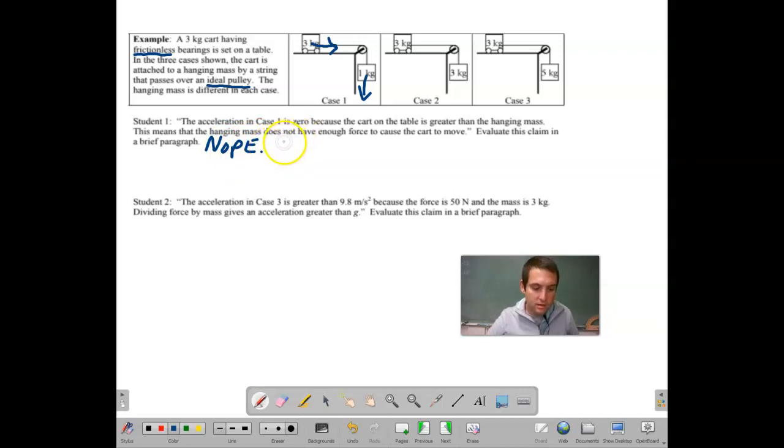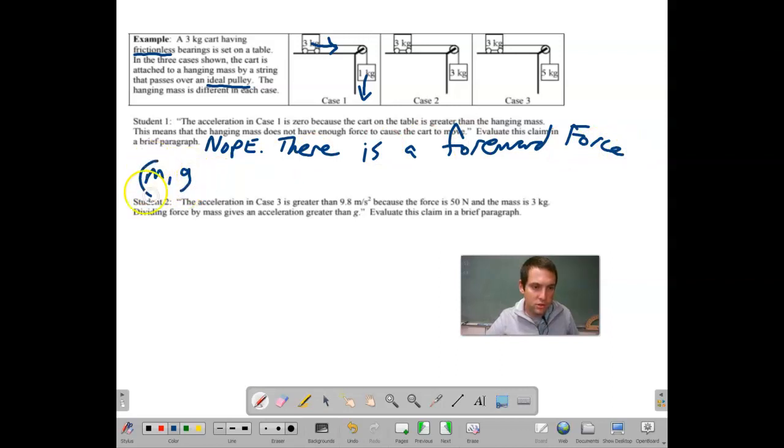Incorrect because there is a forward force, M1 times G, or you can call it FW, maybe more appropriate for this, FW, without friction holding cart 2 back.